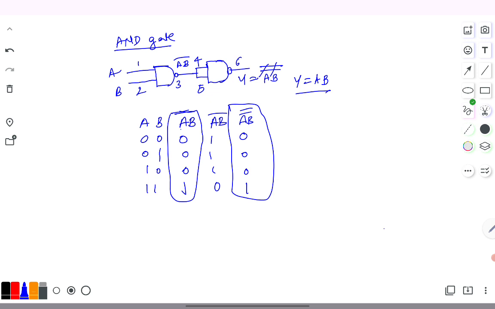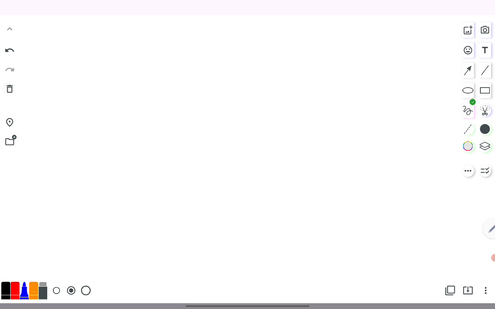Next OR gate. A, you have to practice at home without seeing the book.